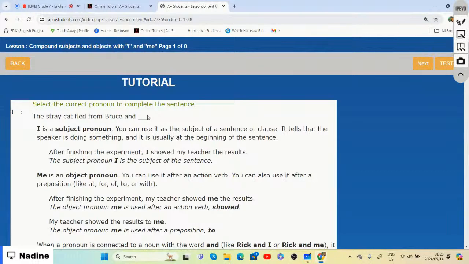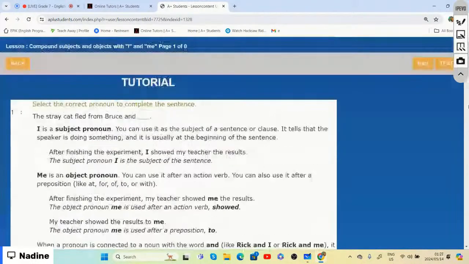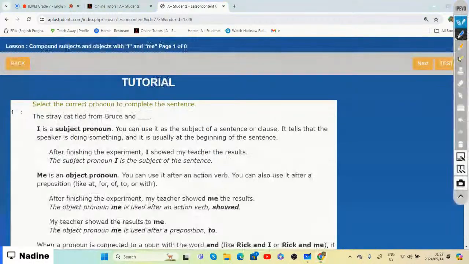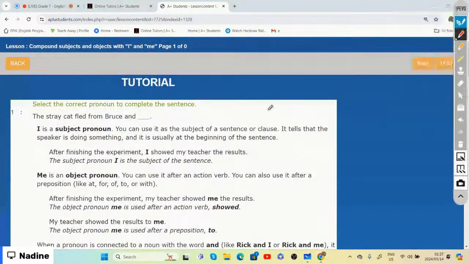So we need to choose the correct one. So we can say that the stray cat fled from Bruce and me.